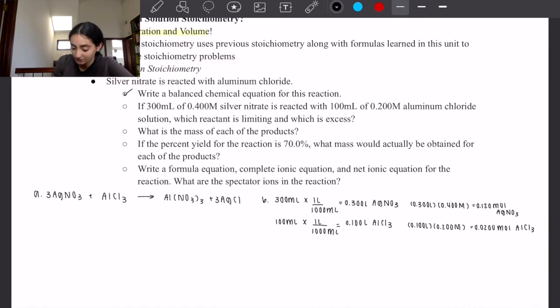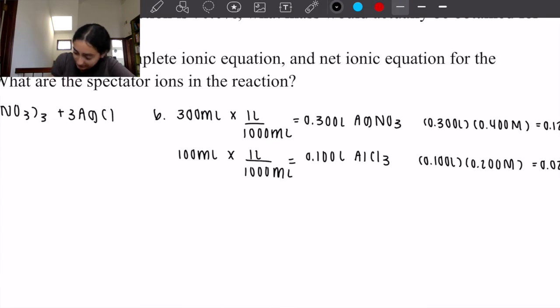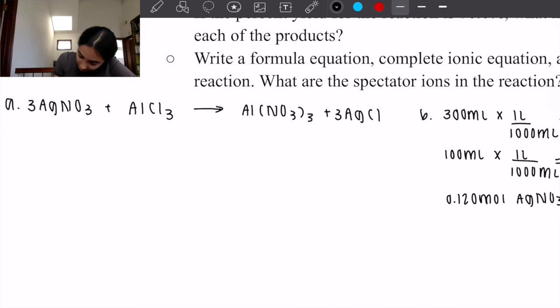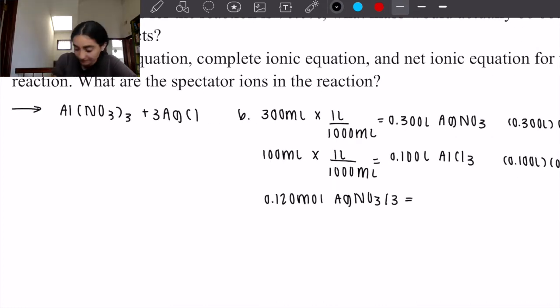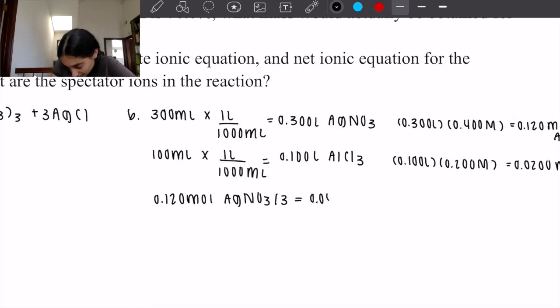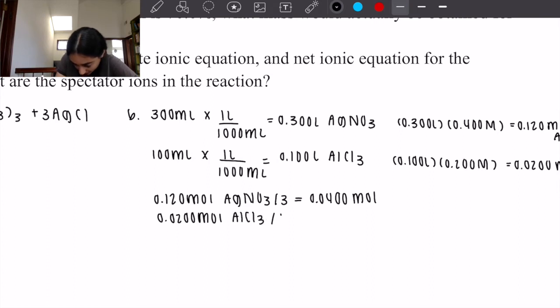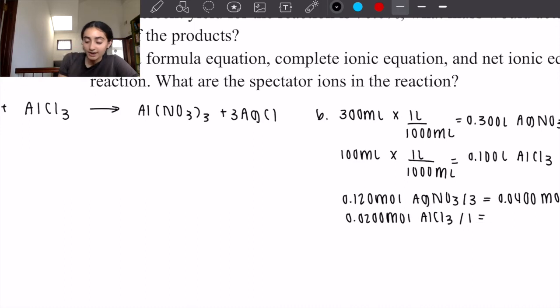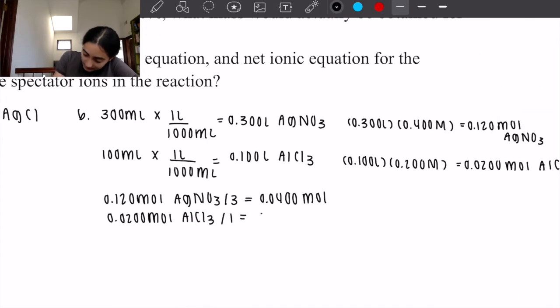We want to divide by coefficients. So I'm going to do this down here. 0.120 moles AgNO3, and our coefficient is 3. So we want to divide it by 3, is 0.0400 moles, and 0.02 moles divided by 1, because it's 1 mole of AlCl3 in the reaction, is 0.0200 moles.